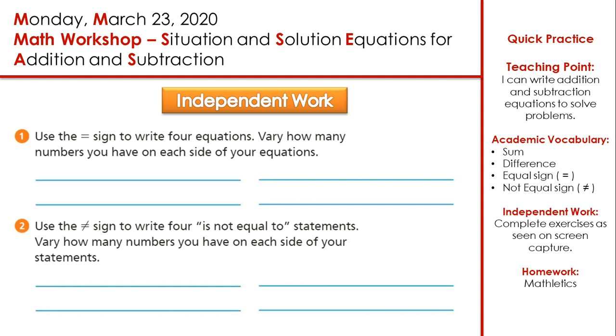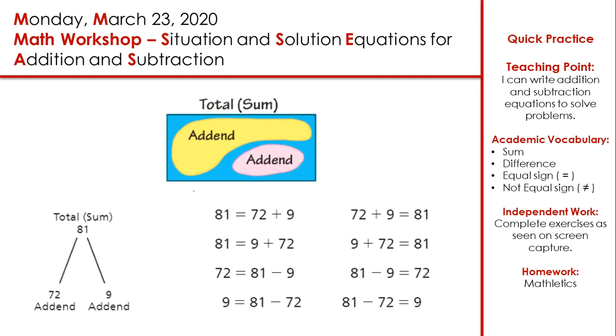That means that the statements you're going to be writing are not going to be equal. For example, instead of 9 equal to 81 minus 72, we say that 9 minus 72 is equal to 81. And that's not true, right?